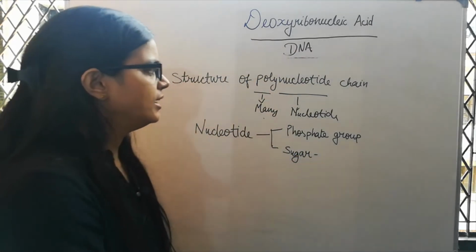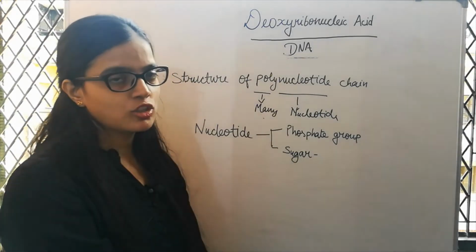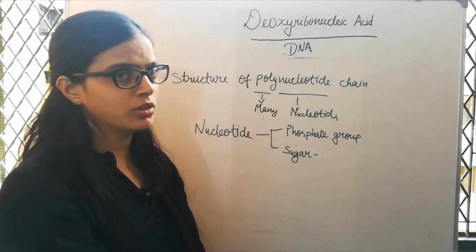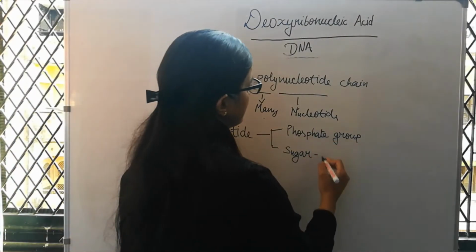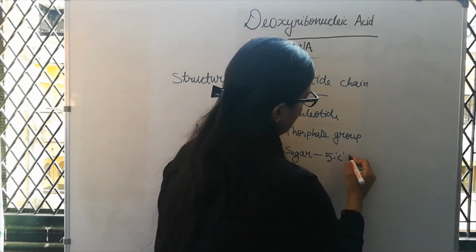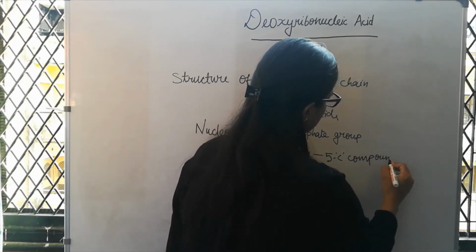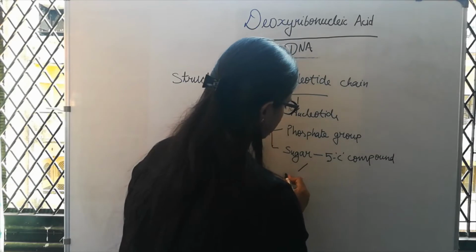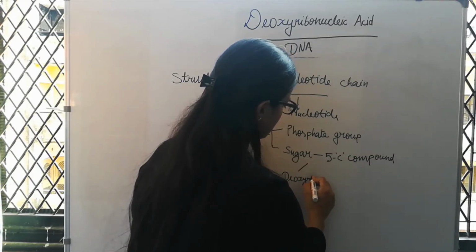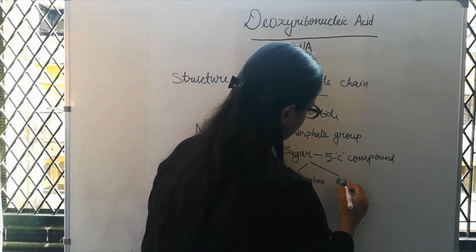Sugar in nucleic acid is a 5 carbon compound, and it is of two types: deoxyribose and ribose.